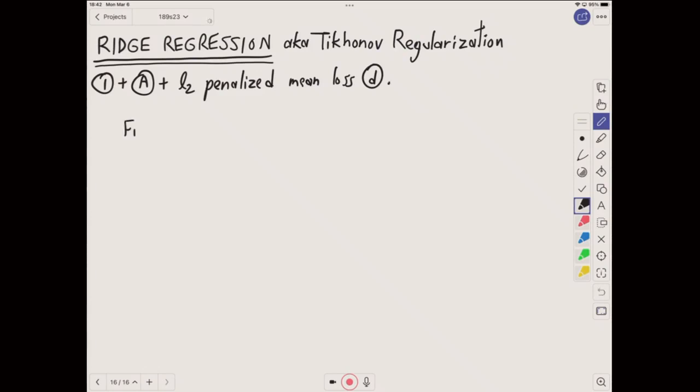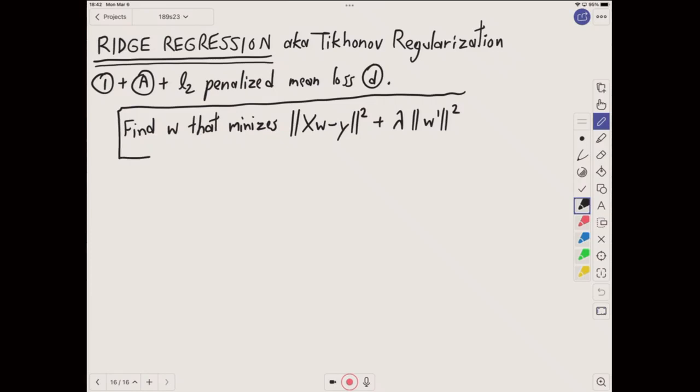Putting those things together, we get the following optimization problem. I want to find a set of weights that minimize. We're going to start off with the standard least squares objective function, but then we're going to add an additional function to the end of that. So I want to minimize this thing, and for short, I'm going to call that J of W. J is our cost function. Find W that minimizes J.